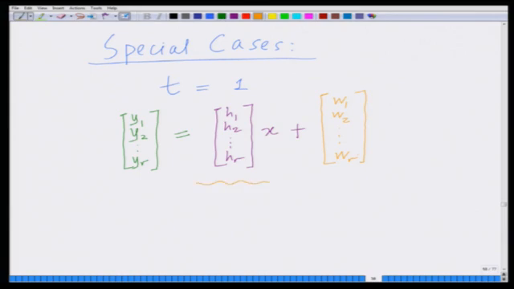This is nothing but a model for a multiple receive antenna wireless communication system with a single transmit antenna. We have already seen this model in the context of receive diversity, and we also demonstrated that maximal ratio combining is the optimal reception technique.